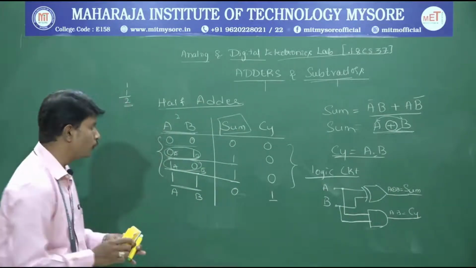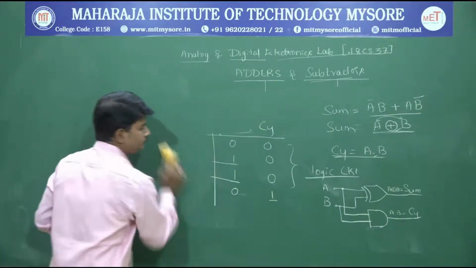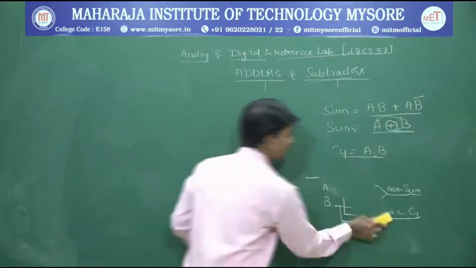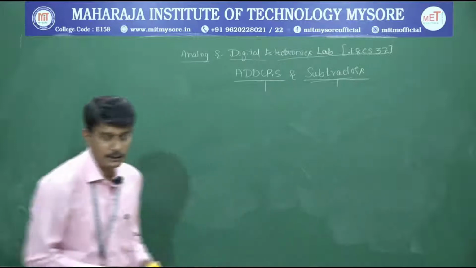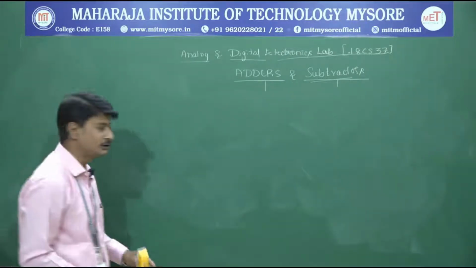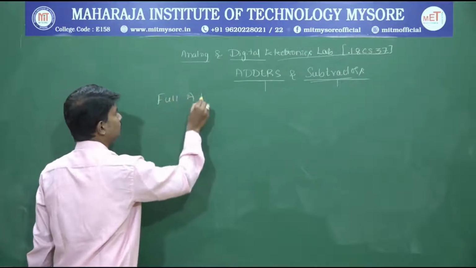Now let's go for a full adder circuit and check how I'm going to make a truth table, and then I'm going to take an expression for that, and then I'm going to write a logic circuit for that. Let's say I have a full adder.